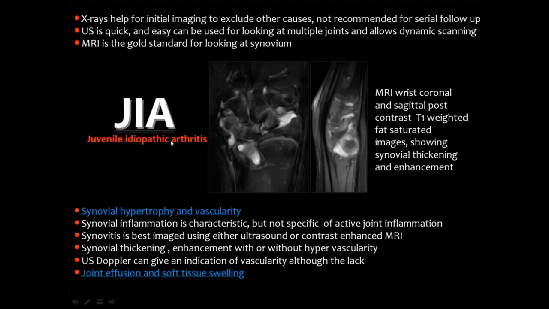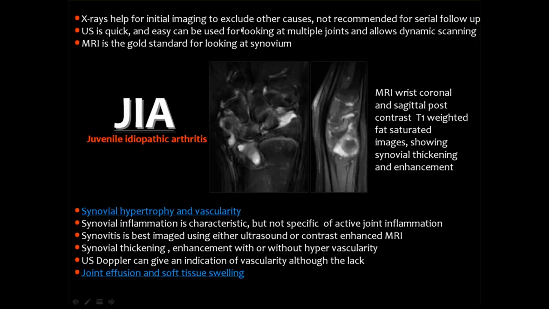Juvenile idiopathic arthritis is a form of arthritis that should be detected before the age of 16, with symptoms lasting for more than 6 weeks, and you do not identify a specific cause.